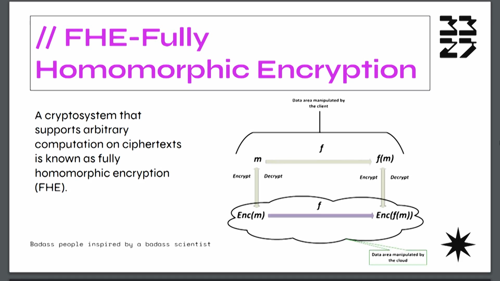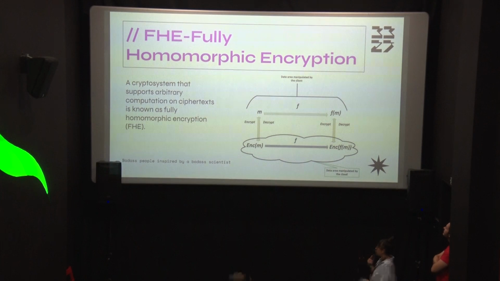And whoever is working on this does not need to have the decryption key. So your data are safe, and only the user can decrypt the data, and if the user performs the same operation, he will obtain the same result as the result of decryption of this. So it is very important to use fully homomorphic encryption when we have some sensitive data.